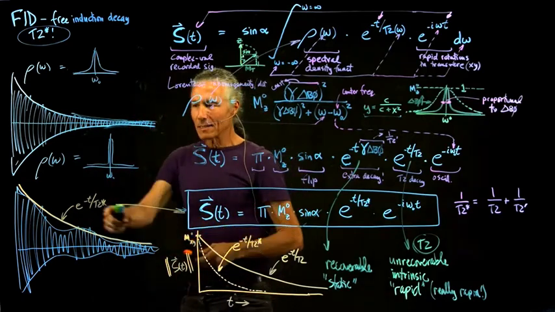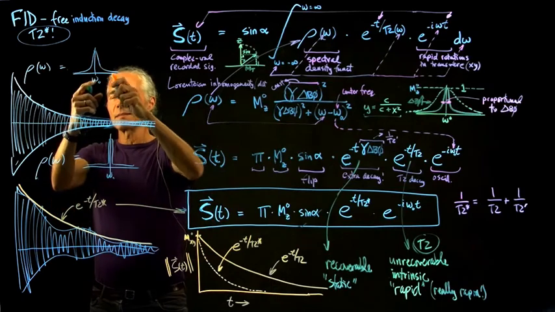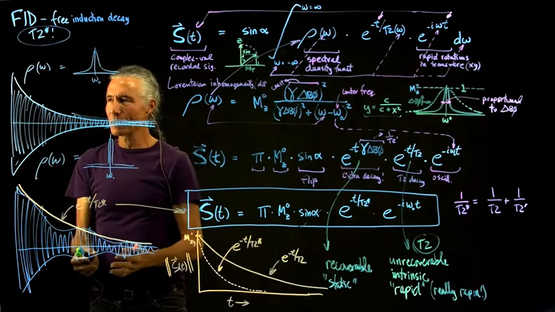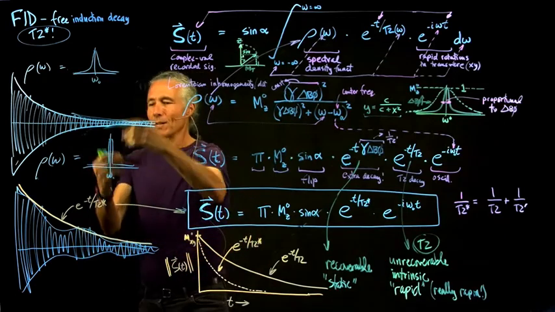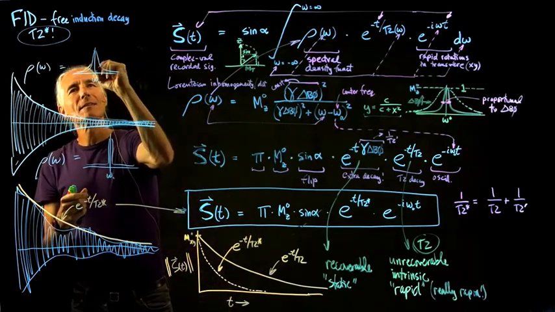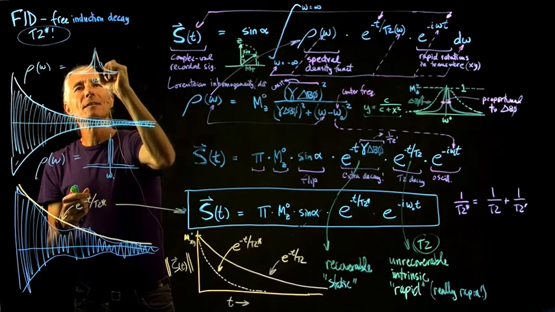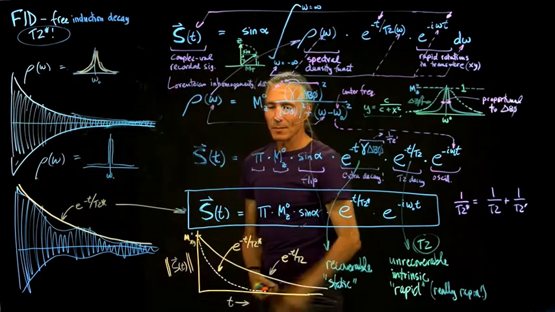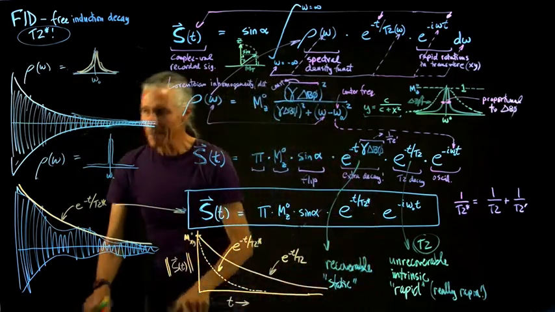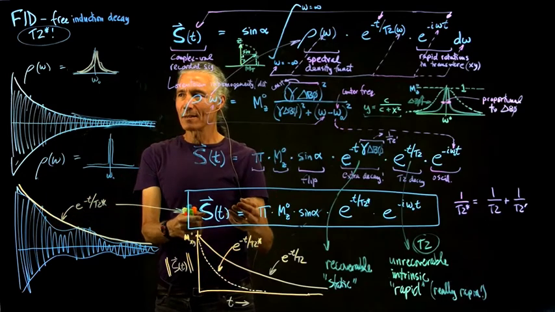But because our distribution of frequencies wasn't this perfect Lorentzian, it will look like something else. In real life, this curve could go like this, might have a little bump over there, might be a little asymmetrical. There's a whole bunch of slightly different shapes it could be, and those are harder to figure out, what exactly this signal equation would decay.